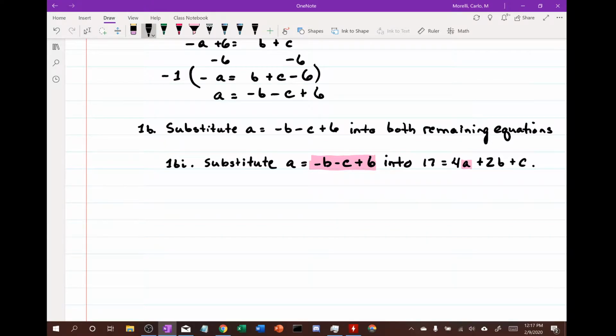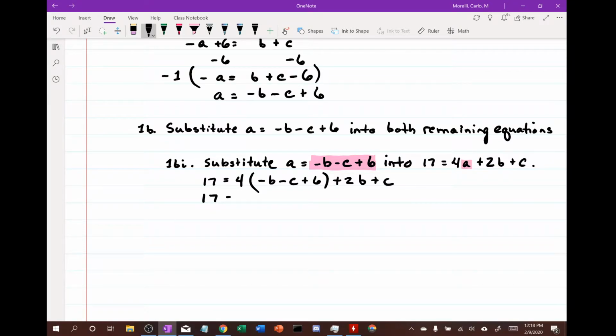So let's write down 17 equals 4, open parentheses, negative B minus C plus 6, close parentheses, plus 2B plus C.